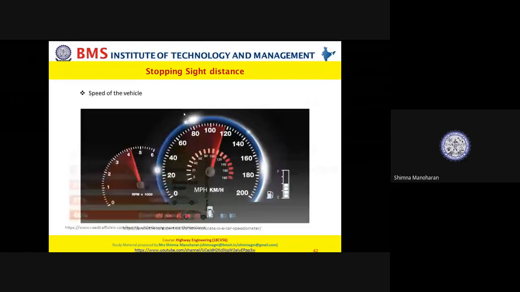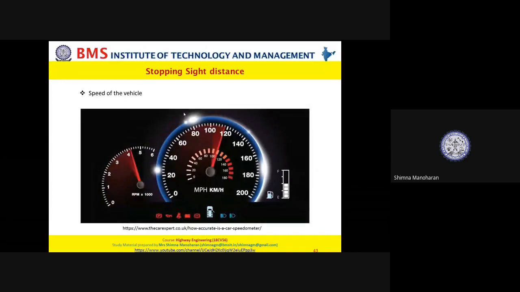So next, the next factor that defines the stopping sight distance is the speed of the vehicle. First, how much distance the vehicle moves during the total reaction time depends on the speed of the vehicle, right?